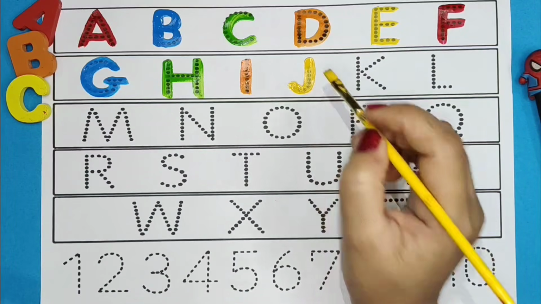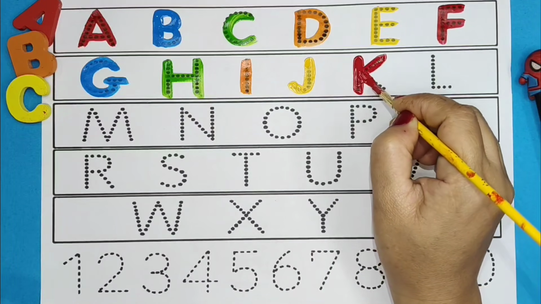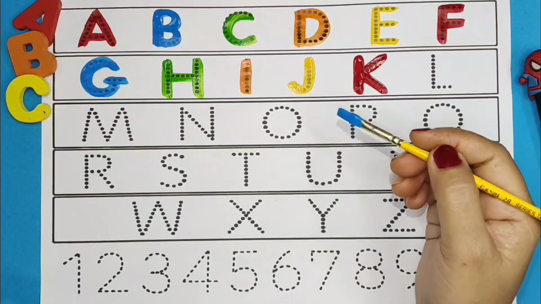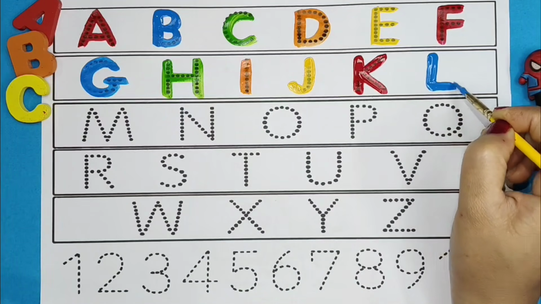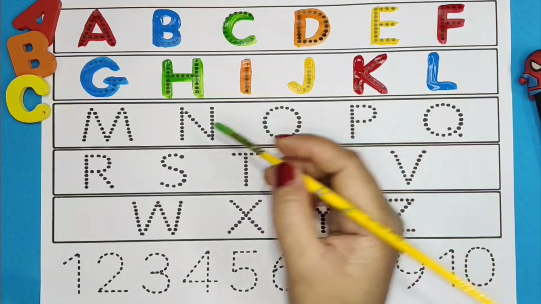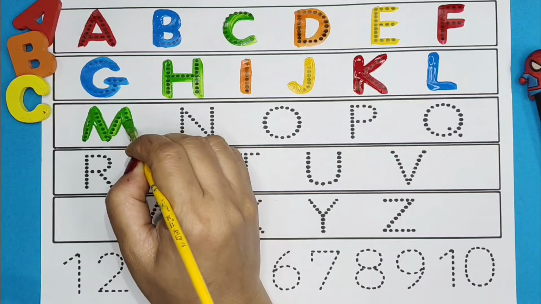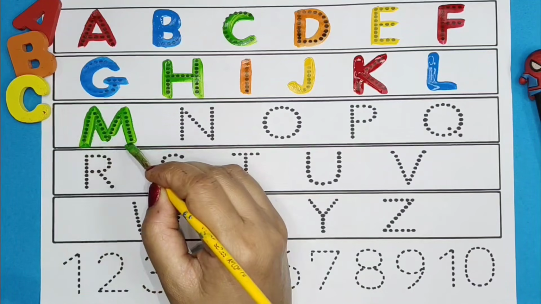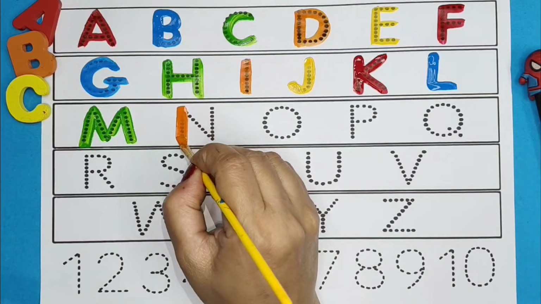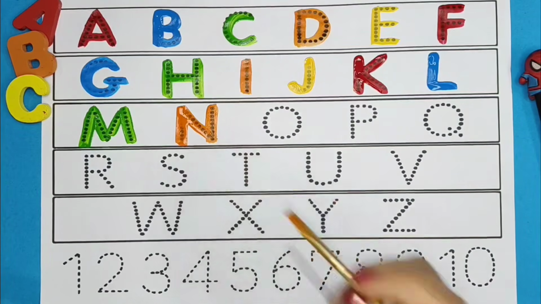J for joker. Red color. K for kangaroo. Sky blue color. L for lion. Light green color. M for monkey. Orange color. N for nest.